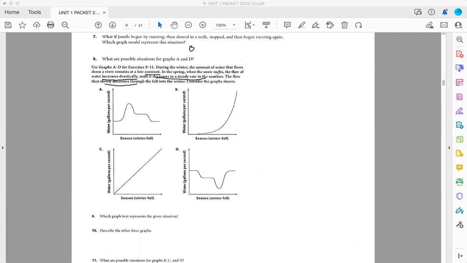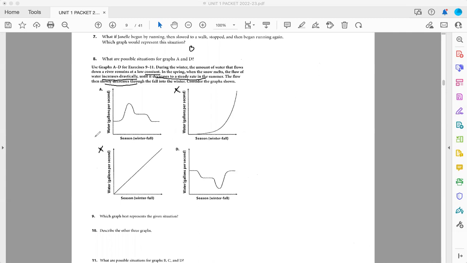So we have to be careful. Because there are changes, it cannot be B and it cannot be C. B is exponential and C is steady, a constant rate of change. So it has to be A or D.